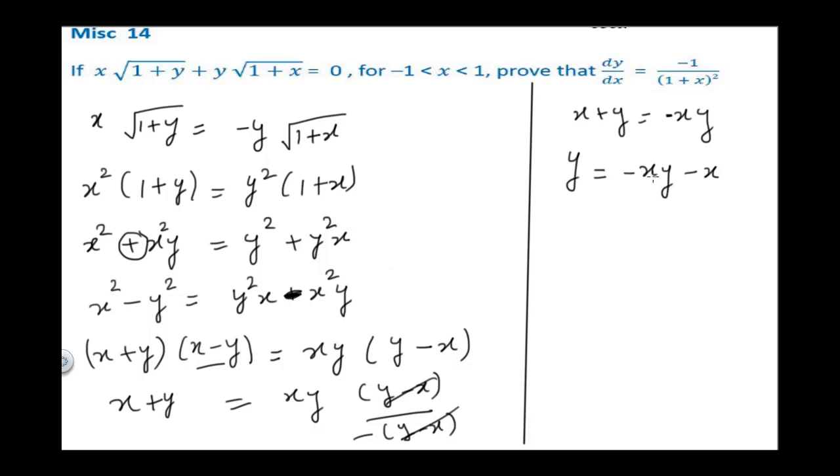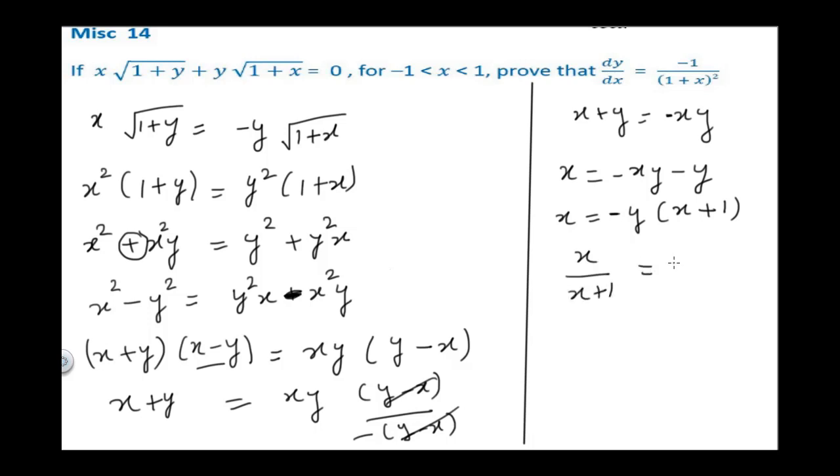So better to combine the terms with y so that we can have y in terms of x. So not doing this, we will combine in terms of y. X equals minus xy minus y. Just see what is common there, y. Or we may say minus y is common. We get x plus 1. X upon x plus 1 equals minus y, or we can say y equals minus x upon x plus 1.